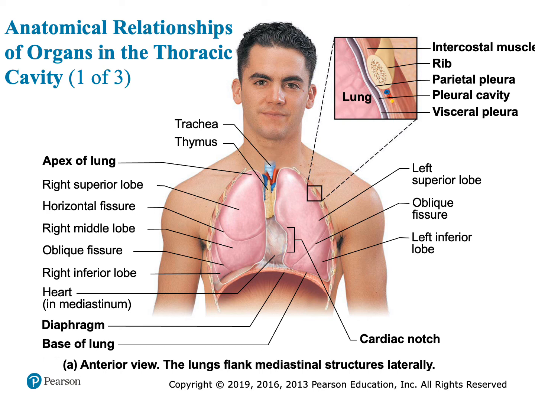Then your lung has visceral pleura. And then we have this little slit right here. Both pleura are releasing serous fluid to reduce friction. This makes it look like there's a big old gap. There is not. There shouldn't be.